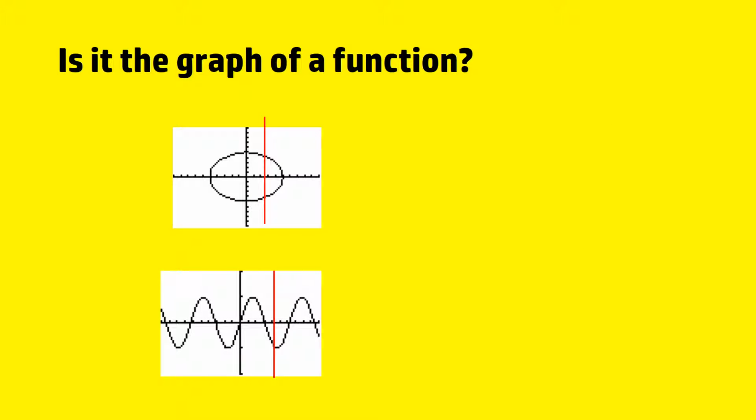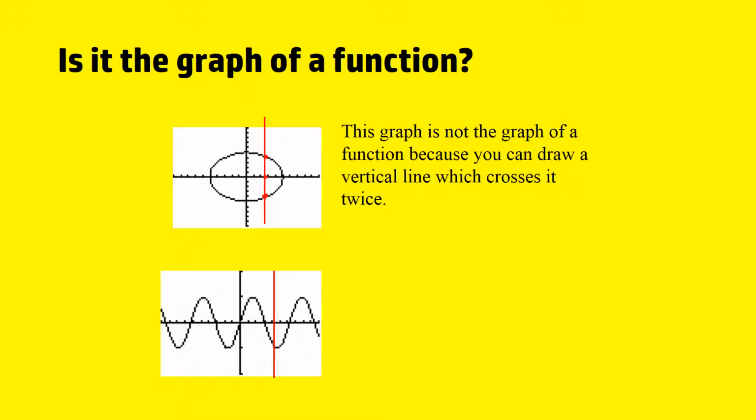Well, let's see. Here's a picture of a curve in the xy plane. And do we have a function here? Well, if you think about it, for every x value there's only supposed to be one y value, but here's an x value, a little bit less than 3, for which there are 2 different y values. And so that's not going to be the graph of a function.